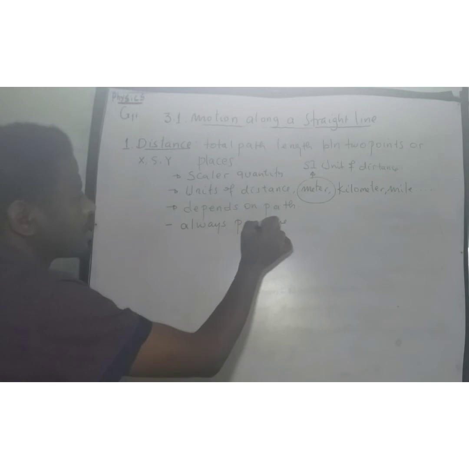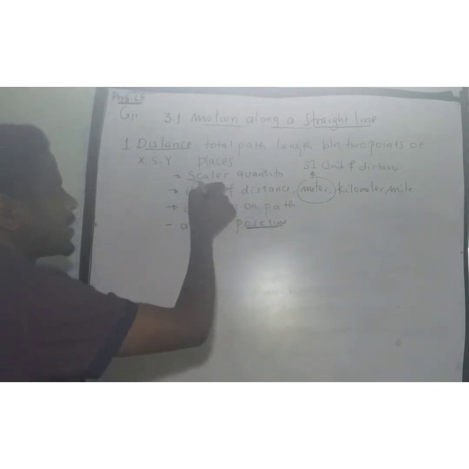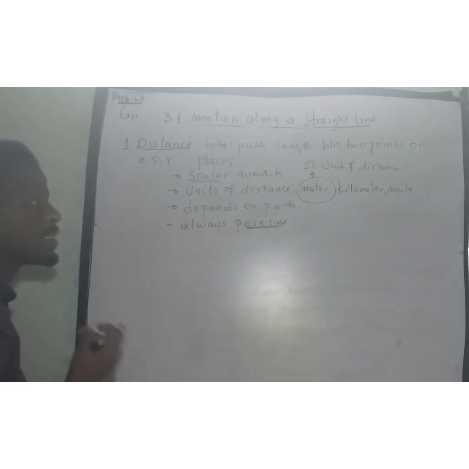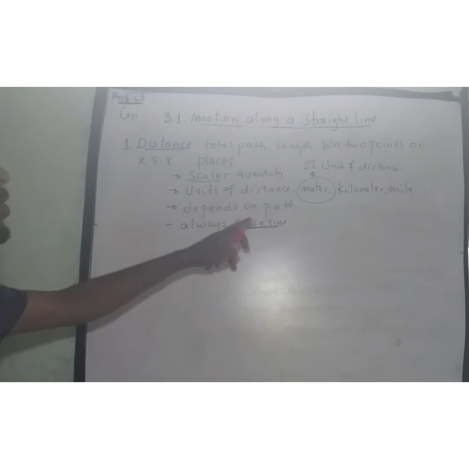It is always positive because it is a scalar quantity. Scalar quantities are quantities which have only magnitude. Magnitude cannot be negative. Therefore, distance is always positive.